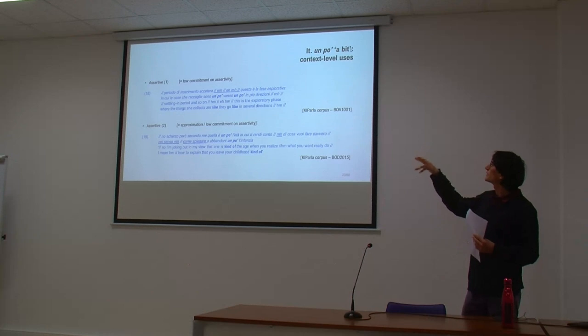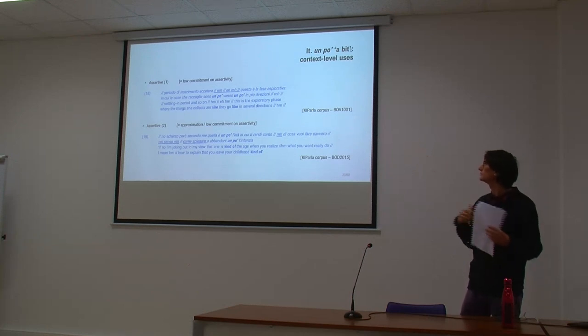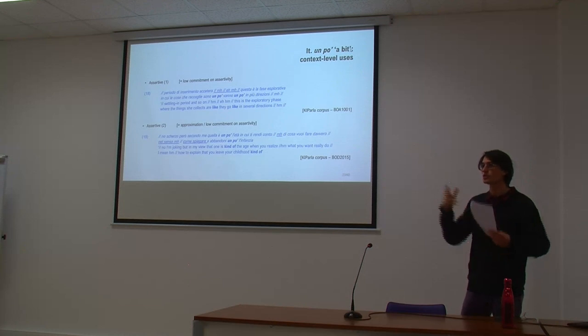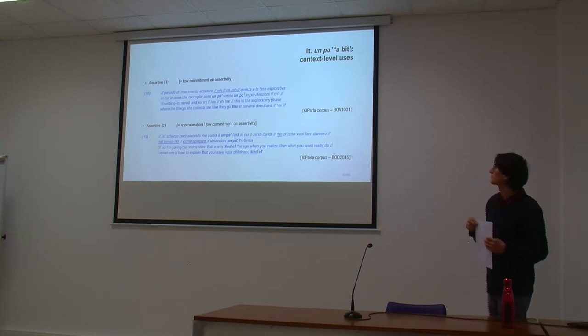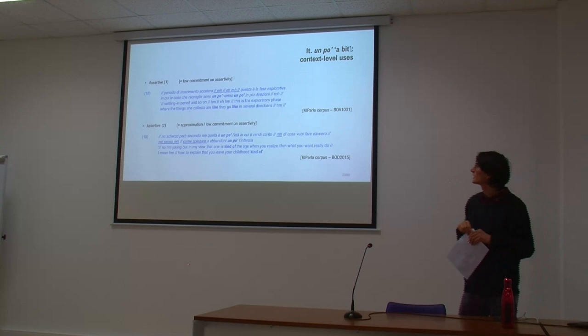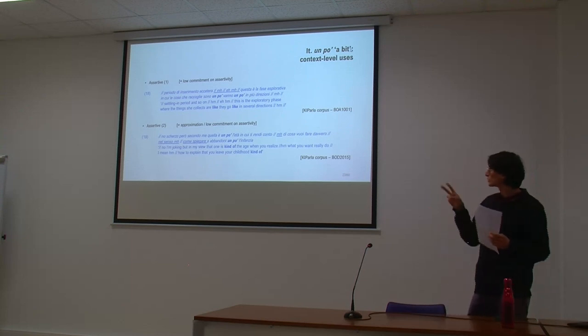And there are other contextual clues, like the fillers, that also point to the fact that the speaker doesn't feel really confident about this, and in this way it marks this assertion as an assertion with a lesser degree of commitment.